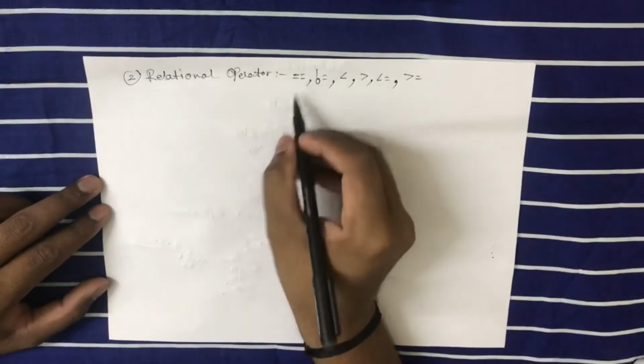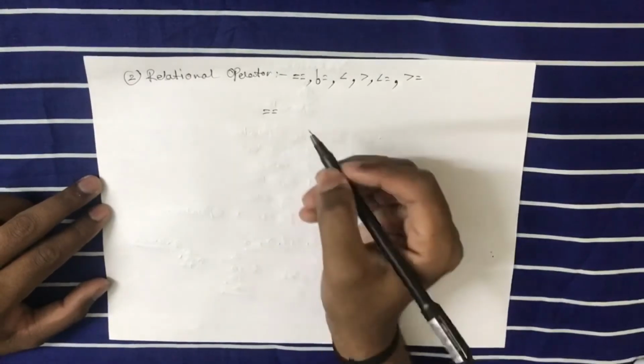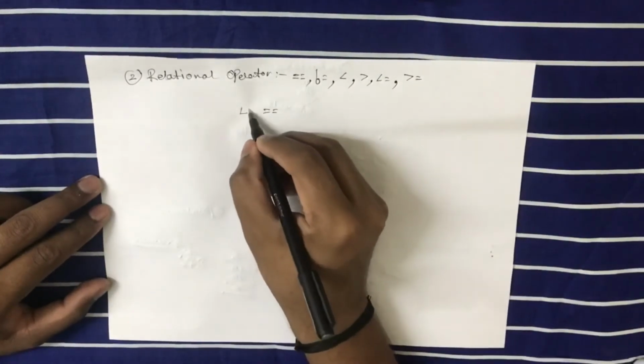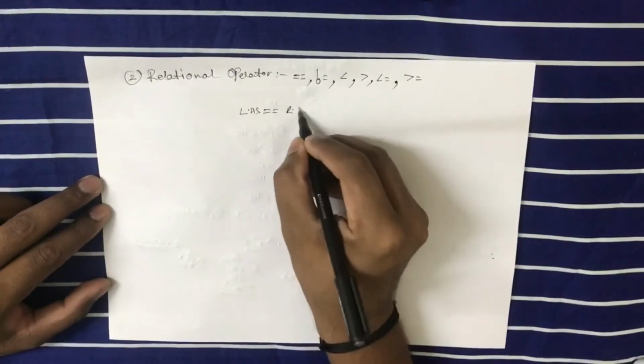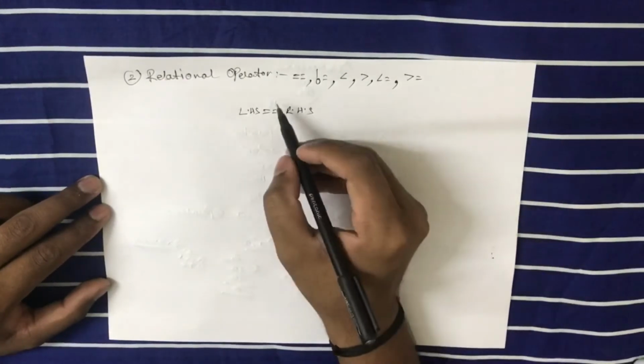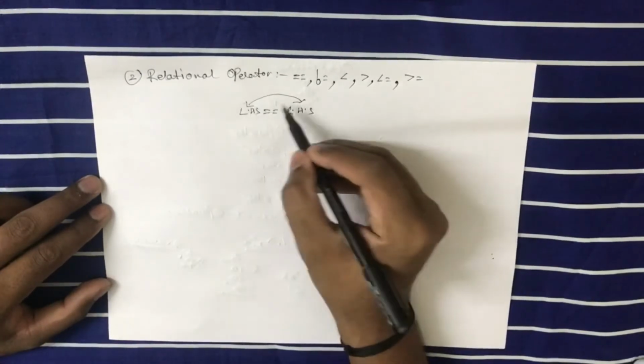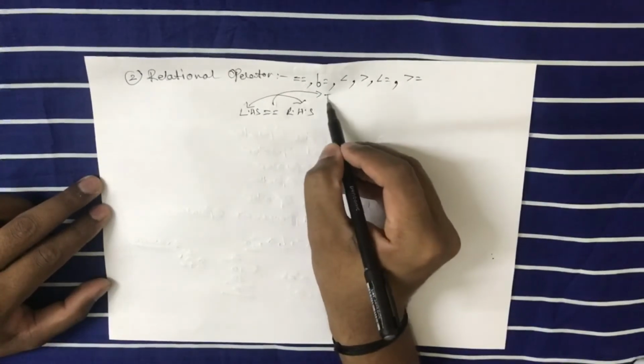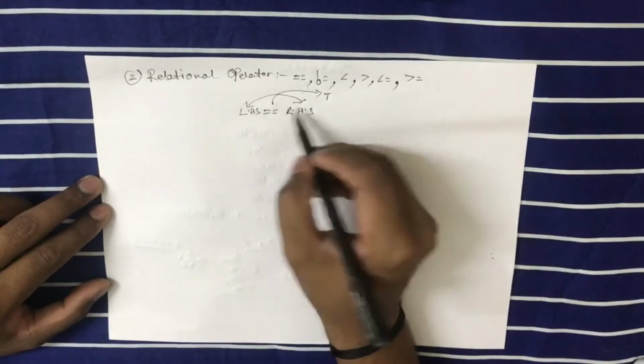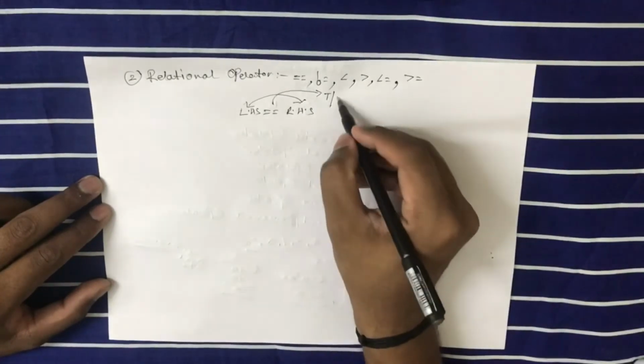For example, say I take double equals. What it does is it checks the relation between its left hand side and right hand side. If both the values are equal, it returns the value true, or if the values are not equal, it returns false.